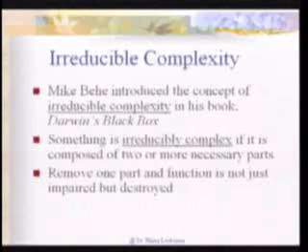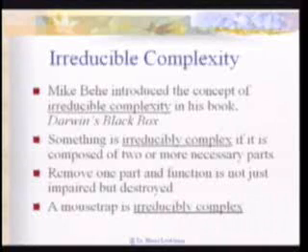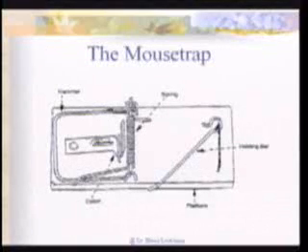Remove one part, and the function is not just impaired, but destroyed. He gives the example of a mousetrap. It is irreducibly complex. What he means is that you can build a mousetrap from 5 major parts as shown here: the hammer, the spring, the holding bar, the platform, and the catch.